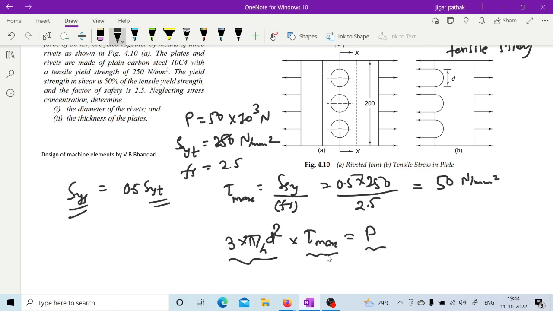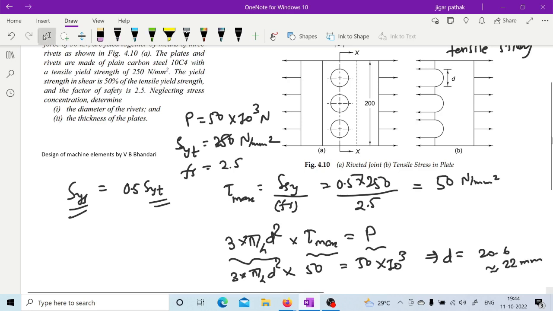So now you are having this tau max, you are having the value of P, so you can calculate d. So 3 into pi by 4 d square into tau max is 50, and this P is given as 50 into 10 raised to 3, which will give you d equal to what? 20.6. Yeah, so this 20.6, or you can consider 22 mm, right?